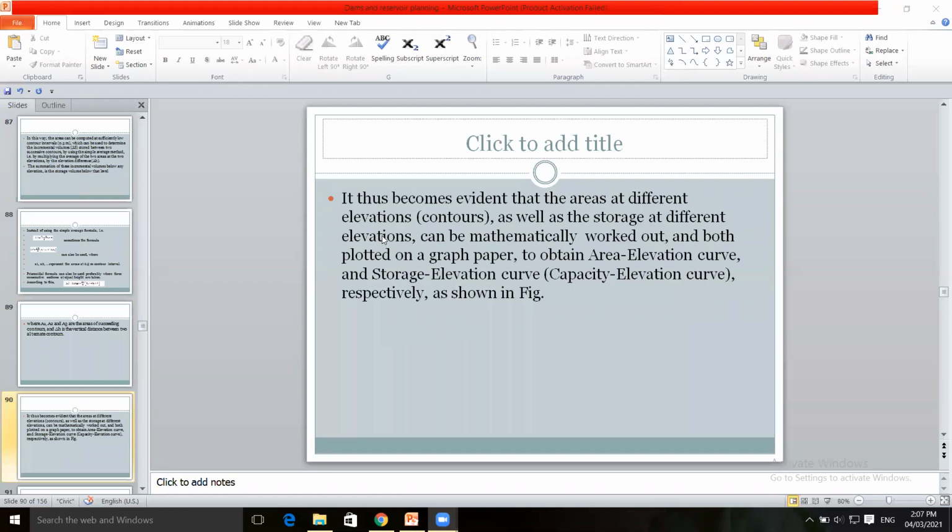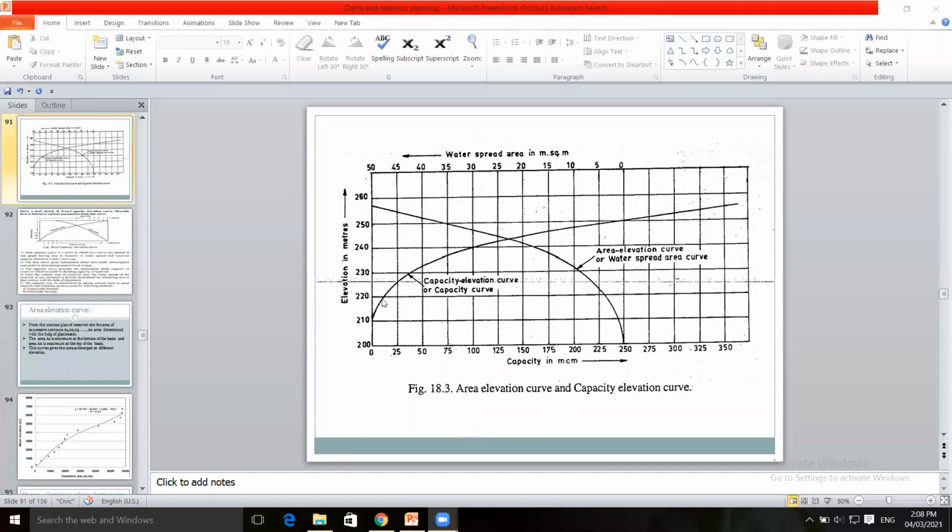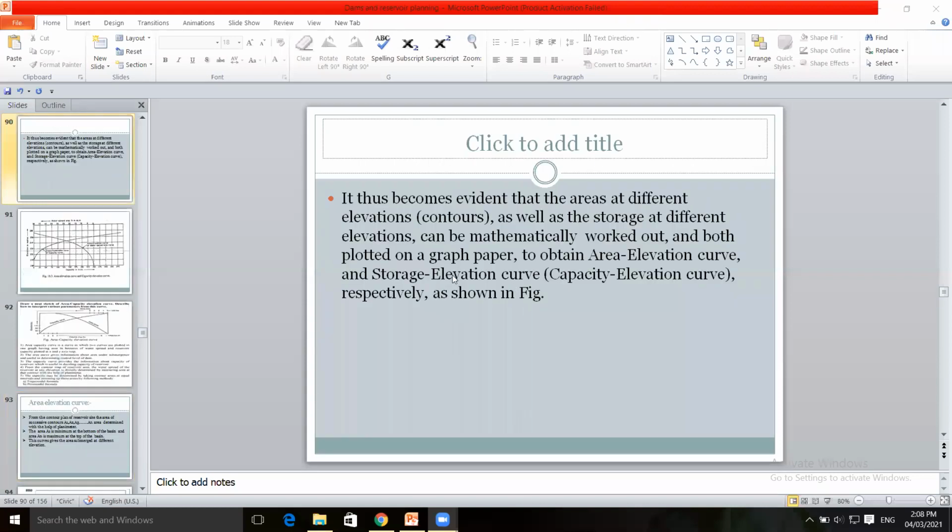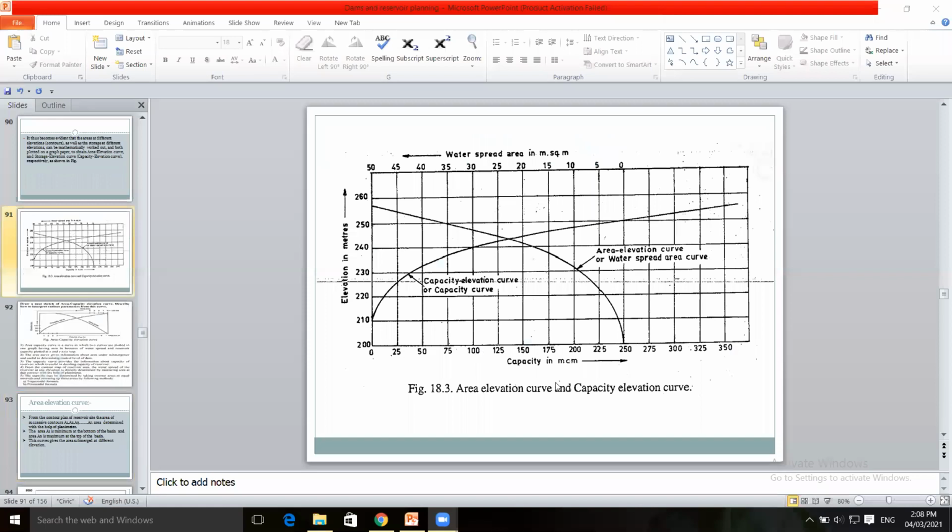In this way, the storage capacity of the reservoir is determined, and a graph is plotted for area elevation and capacity elevation. Elevation in meters is plotted on the y-axis, capacity is plotted on the x-axis, and the water spread area in square meters is plotted. These are the two curves, the area elevation curve and the capacity elevation curve.